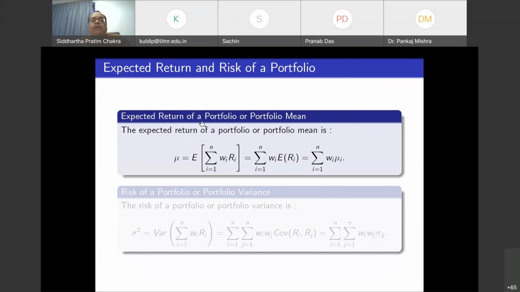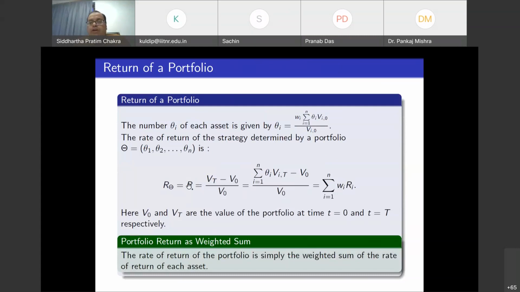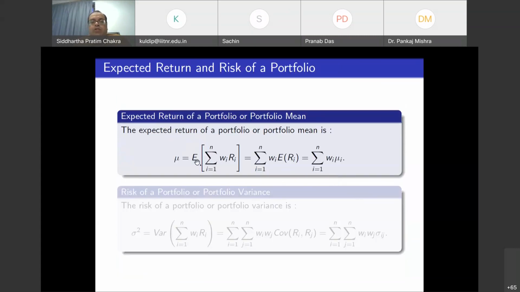So what is going to be the expected return of a portfolio? The expected return of a portfolio is going to be the expected value of R, which is the expected value of the summation Wi Ri, i equal to 1 to n, and I denote this by mu. Now for the expected value of the summation Wi Ri, we can make use of the linearity property of expectation and write it as the summation of Wi into the expected value of Ri.